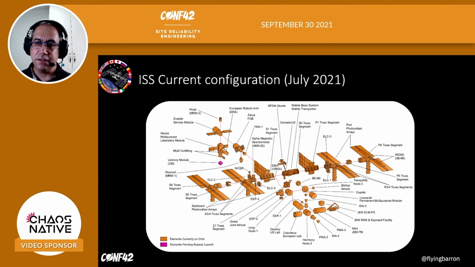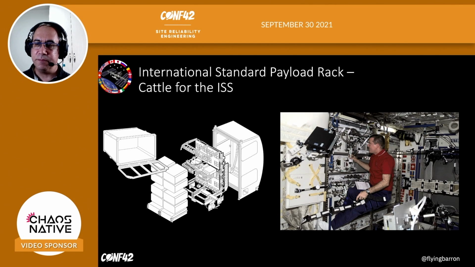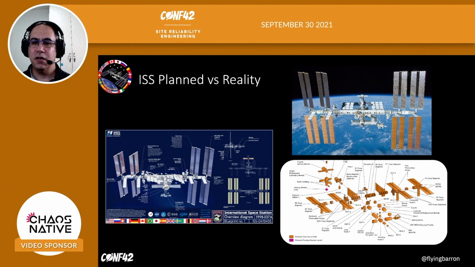But other components do have flexibility, especially since the station is filled with standard payload racks, which means that new scientific experiments or technical tests can be brought up on spacecraft to the station and replace the older ones. It's quite remarkable how similar the space station is today to the design of over 20 years ago.